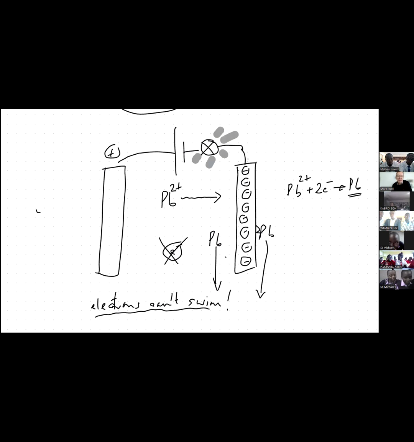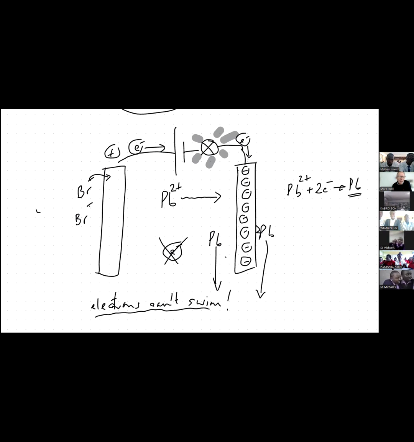Now, if that is happening, that means electrons must be moving here, and that means they must be moving here as well. So to do that, we need something happening on this electrode. What is happening is this. I have Br minus, which are attracted towards the electrode. When they get there, they lose their electrons to the electrode.